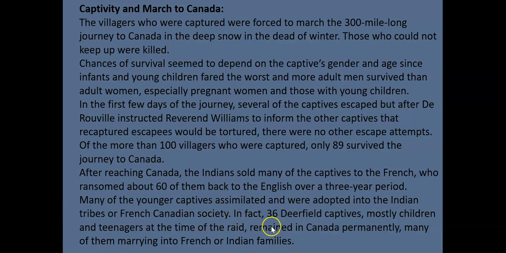What does that mean? Well, 36 of those Deerfield captives who had been children or teenagers when the Iroquois and the French came and attacked Deerfield and took them away, kidnapped them, stayed in Canada for the rest of their lives. They married into French or Indian families.